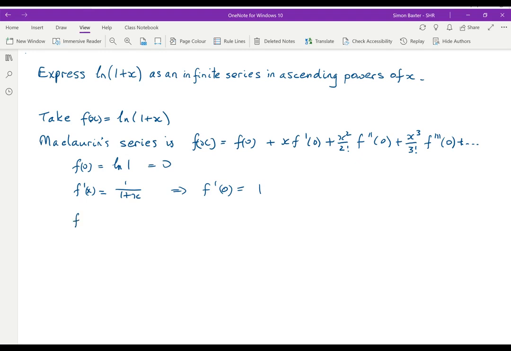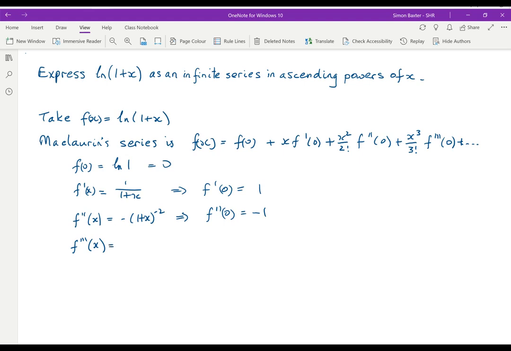Differentiate again. You might prefer to see this written as minus (1 plus x) to the minus 2. I was differentiating (1 plus x) to the minus 1, giving minus (1 plus x) to the minus 2. This gives us f''(0), put x equal to 0, it's just minus 1. f'''(x), differentiate again.